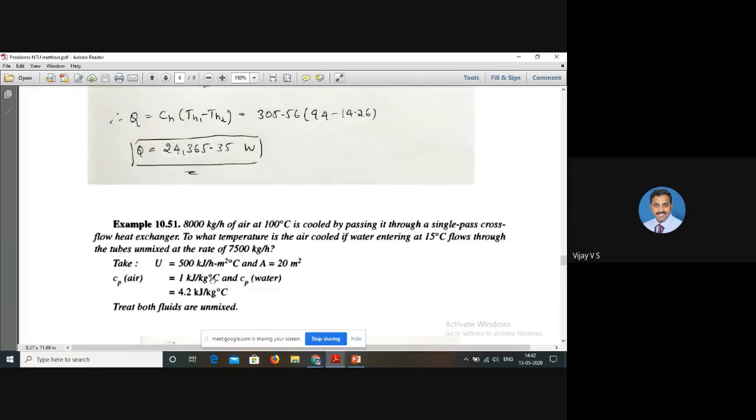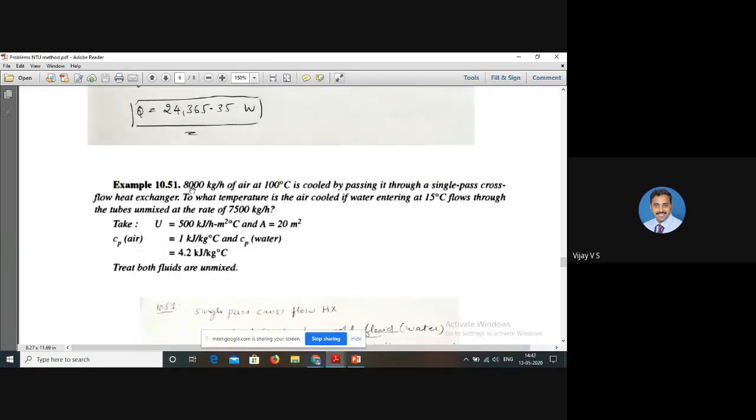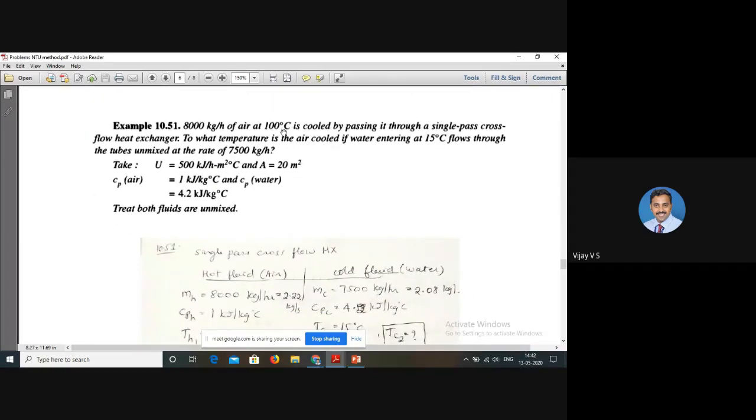Now in this problem, 10.51, 8,000 kg per hour of air at 100 degrees centigrade is cooled by passing it through a single pass cross flow heat exchanger.